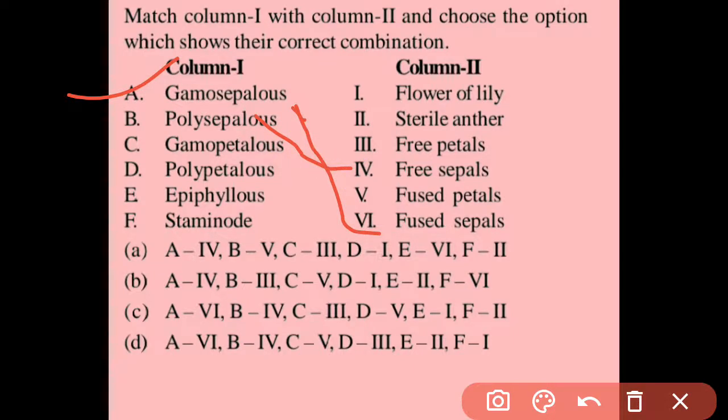The third is gamopetalous, which means fused petals. And the option D is polypetalous, which means free petals. Epiphyllous is basically the flower of lily. And the last one is staminode, which is a sterile anther. So option C is correct. Let's move on. Next question.